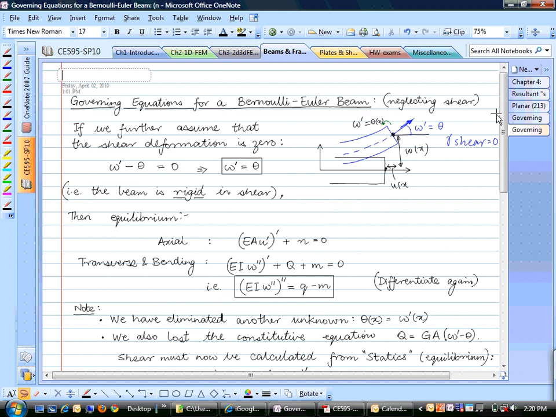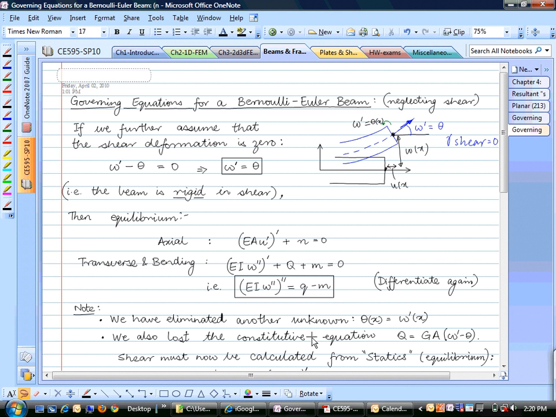And the same thing is also true for the Bernoulli Euler beam. This axial equation is decoupled. You can solve that independently. The transverse and bending, you have only one equation now. We have eliminated theta, and this is the familiar equation that you should be familiar with. You have M double prime is equal to q, applied forces.